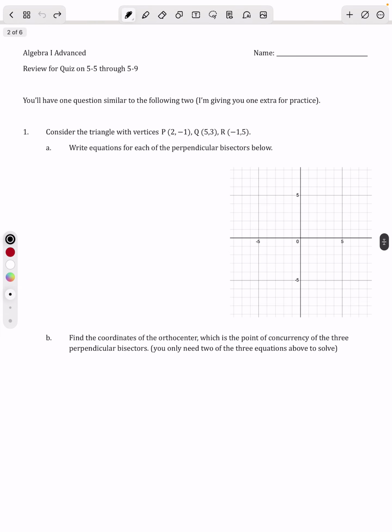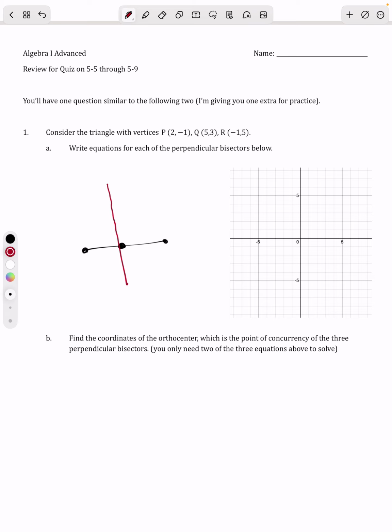So let's get started here. In this first problem, we are asked to write the equation of the 3 perpendicular bisectors. So just in general, if we have a line, a perpendicular bisector would contain the midpoint of that particular segment, and the line that I draw is going to be perpendicular to that segment.